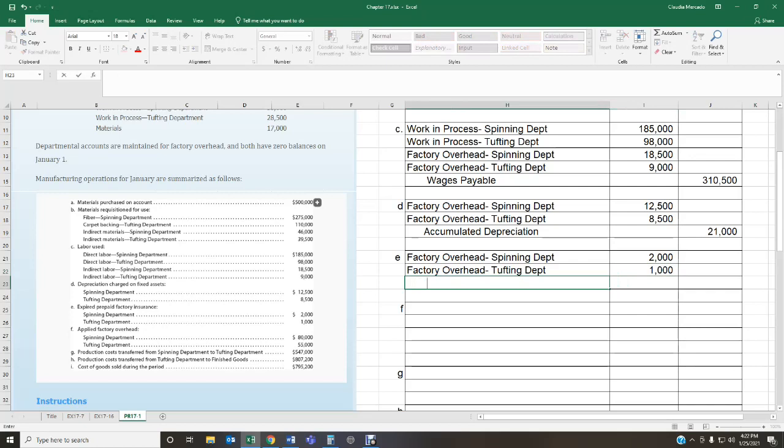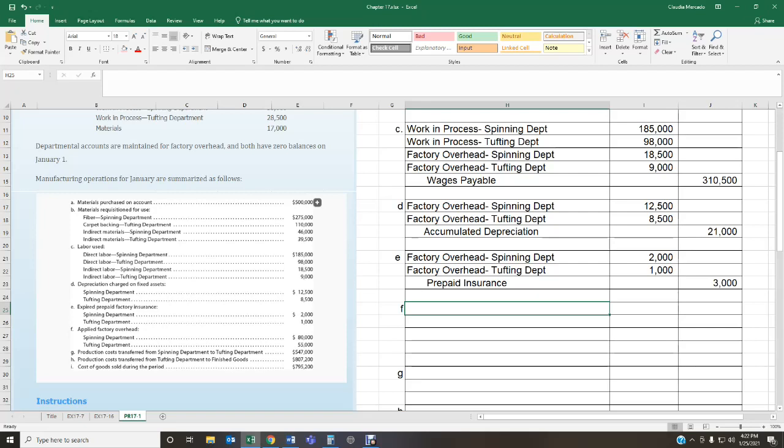It says expired prepaid insurance. So what's happening to my prepaid insurance? It's decreasing. Prepaid insurance is an asset. We decrease it with a credit. So prepaid insurance is being decreased by the sum of both the spinning and tufting, and that gives me $3,000.